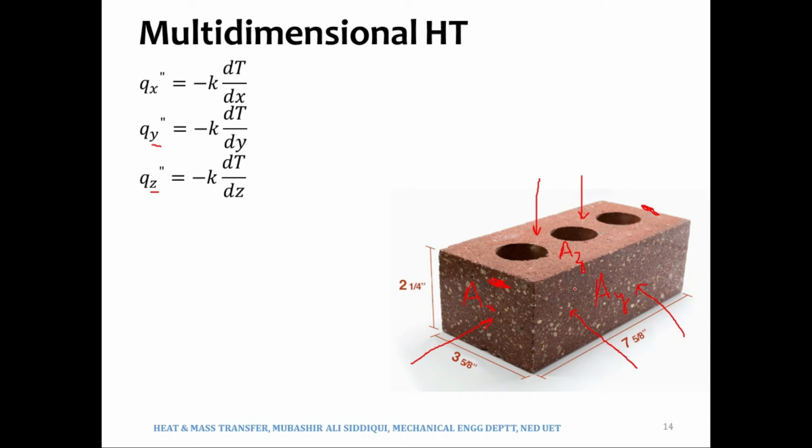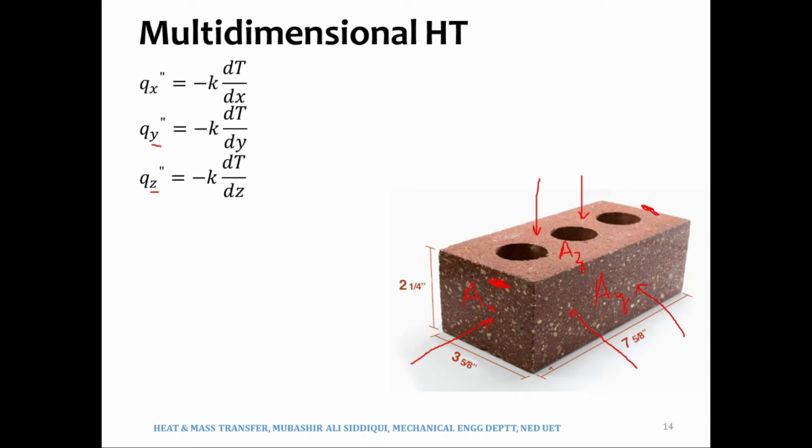But if this face and this face do not have a large temperature difference or no temperature difference, then the heat will not flow in Y direction. Similarly, if the top face and the bottom face are almost at the same temperatures, then the heat will also not flow in Z direction. So heat will flow in any particular direction depending upon the temperature difference. So we may have the case of one-dimensional heat transfer or multi-dimensional heat transfer depending upon the temperature differences.